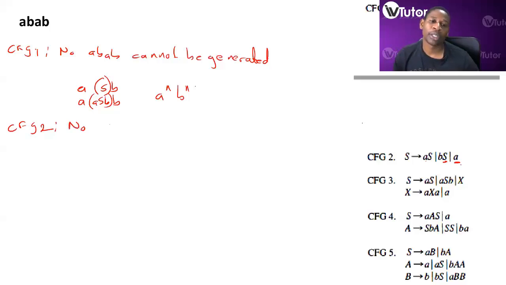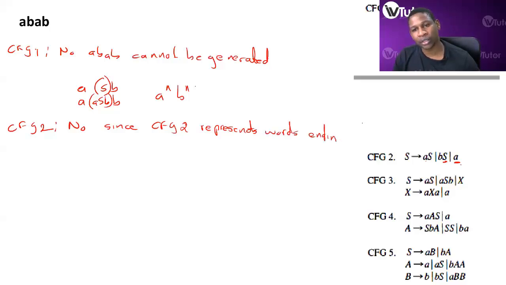No, since CFG2 represents words ending with an A, ABAB cannot be generated. All right. Then check CFG3.